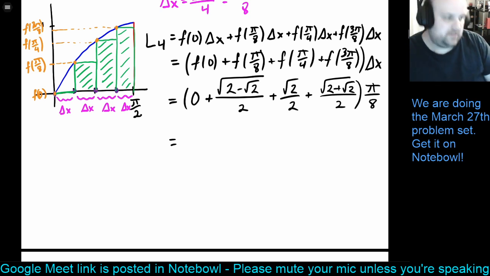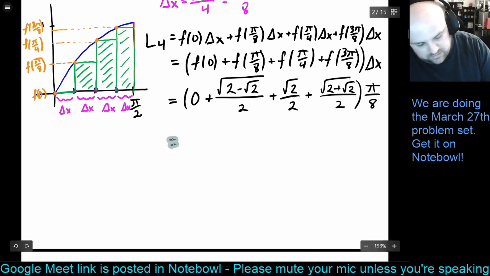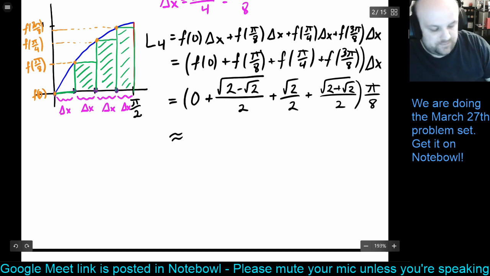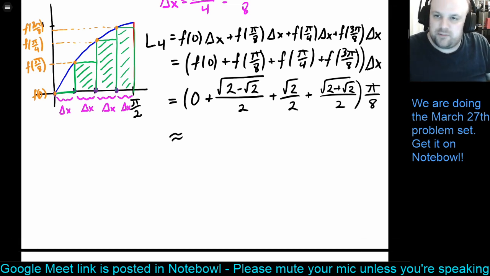So let's find a decimal approximation of that at this point. There's not really anything good, so we'll plug this into a calculator here. Let's see, what are we going to get?